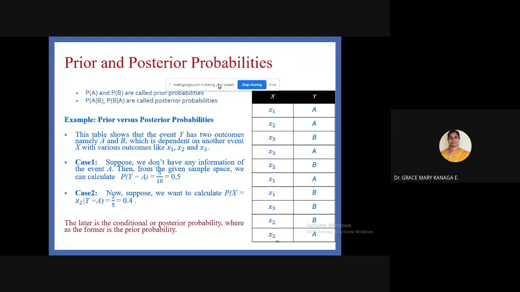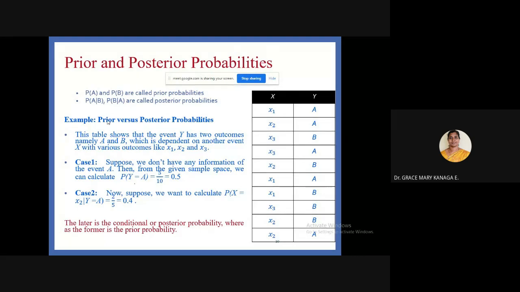And the conditional probabilities, that is probability of A given B or probability of B given A, are called posterior probabilities.